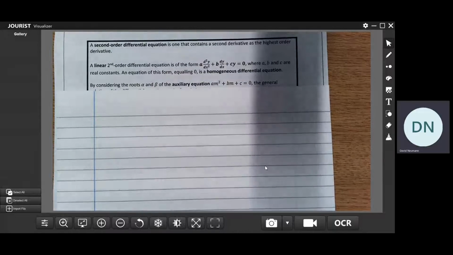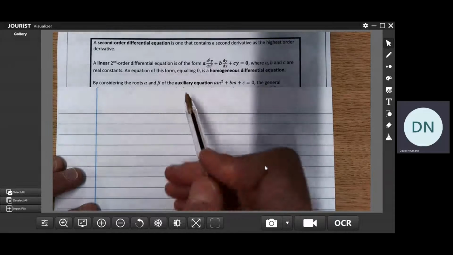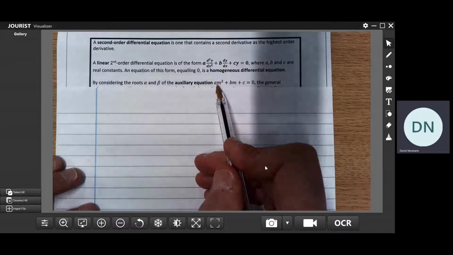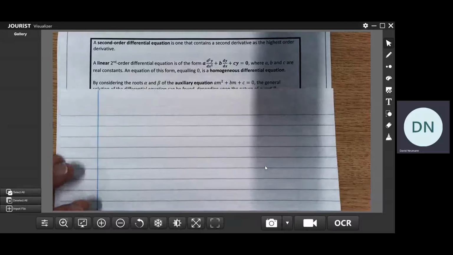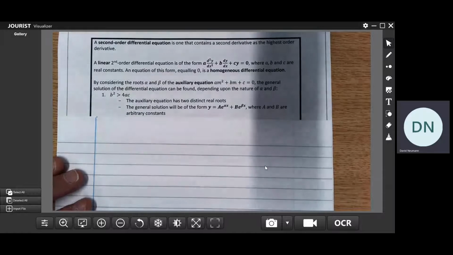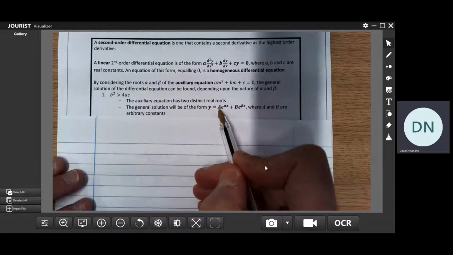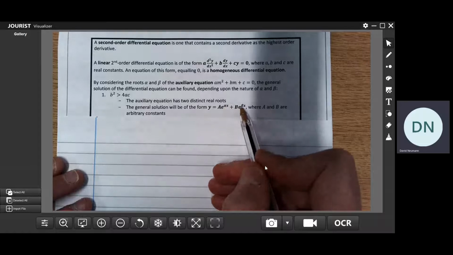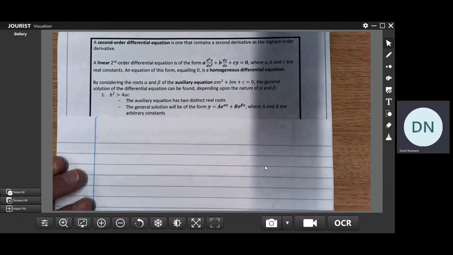So there's our auxiliary equation there. We're going to say its roots are alpha and beta of the auxiliary equation am squared plus bm plus c equals 0. If the equation has two distinct roots, then we use them like this. We have a constant a times e to the alpha x plus a constant b times e to the beta x, where alpha and beta are the two roots.